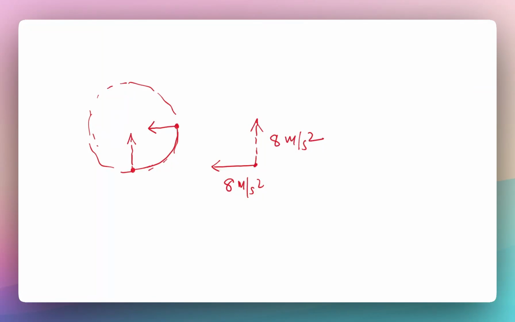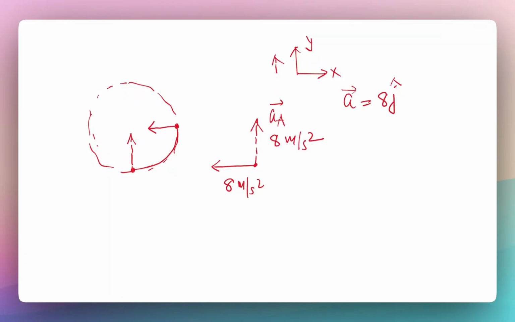So it will be easier if we represent them by vectors, so that we can add them properly. So we are going to use the Cartesian coordinate system. This is the x axis and this is the y axis. So my initial acceleration, the acceleration at A, is pointing upward. So we can say the acceleration at A is 8, which is the magnitude, and the direction is positive y, so we are going to say j cap.